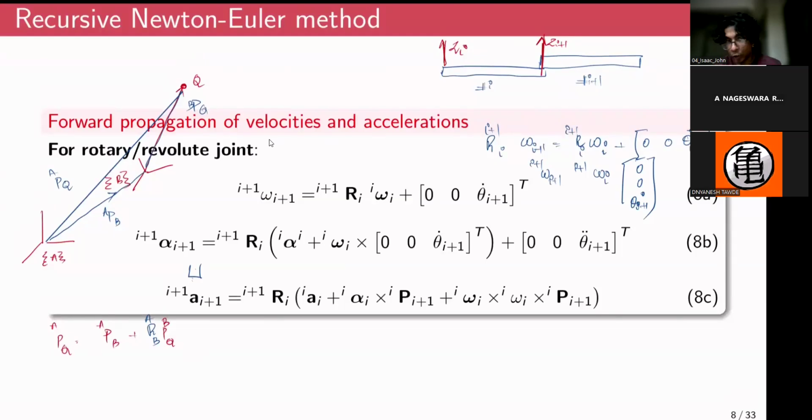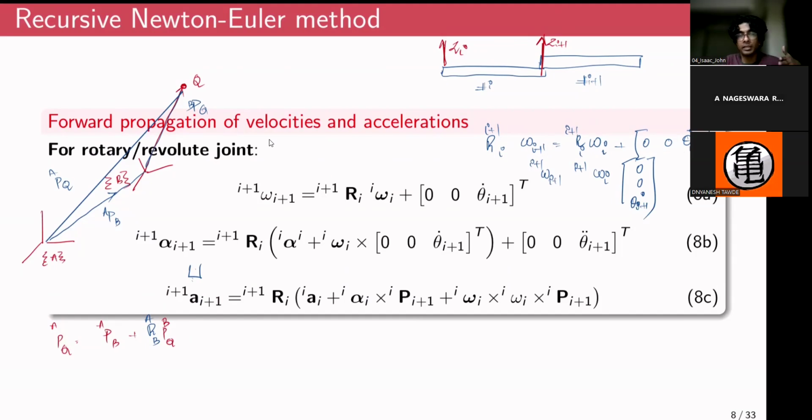So when i is 0, for example, if you start from a rigid body, obviously the rigid body's angular velocities are going to be 0, because it's always fixed, right? The ground is always going to be fixed. So when i is 0, that concerns the angular velocity of the ground, which is 0. This entire term will be 0. And the angular velocity of the first joint will be contributed by the rotary motion of the first joint itself.